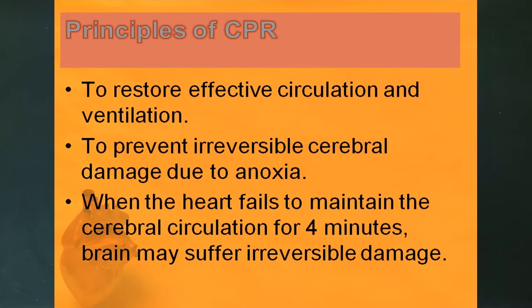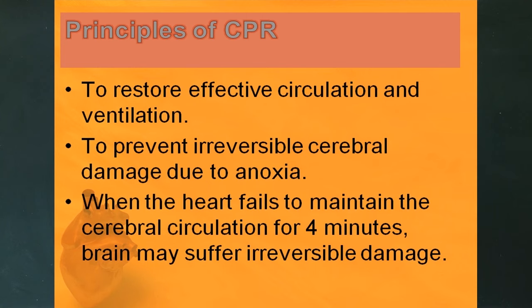The principles of CPR are to restore an effective circulation and ventilation, to prevent irreversible cerebral damage due to anoxia. When the heart fails to maintain the cerebral circulation for 4 minutes, the brain may suffer irreversible damage. So it is the role of the rescuer, or we people at that time, to intervene during these initial 4 minutes.